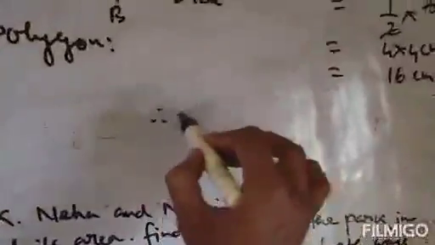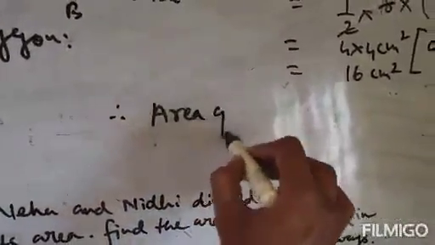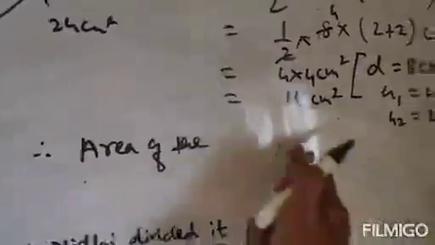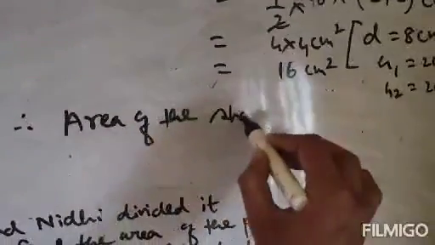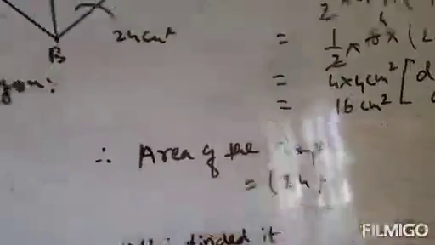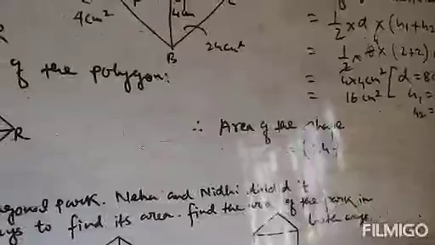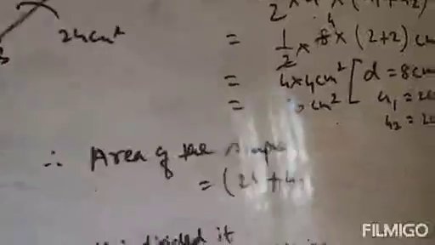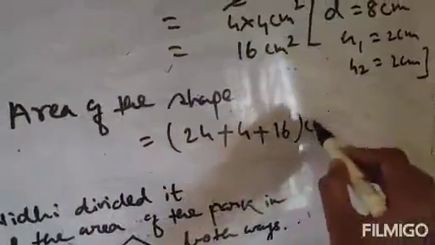Now add these 3 data to find out the area of the pentagon. The area of the shape will be equal to the area of the larger triangle, that is 24 centimeter square, plus 4 centimeter square for the smaller triangle, and then the quadrilateral, which comes out to be 16 centimeter square.